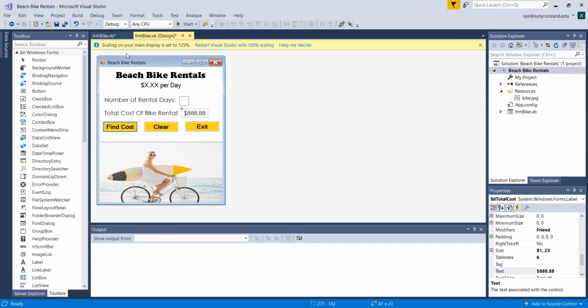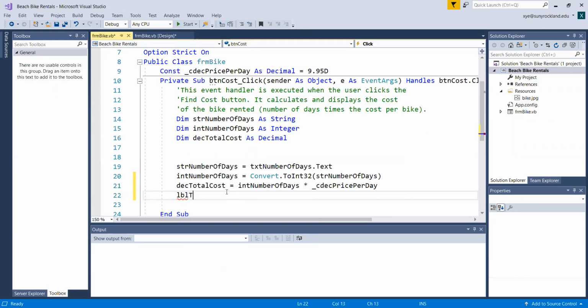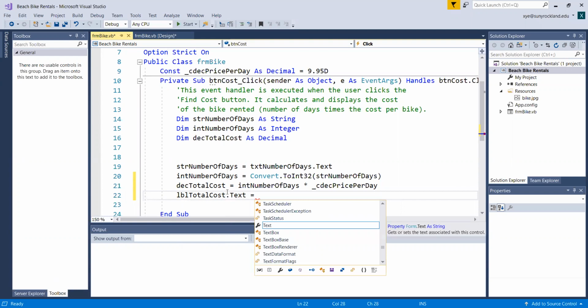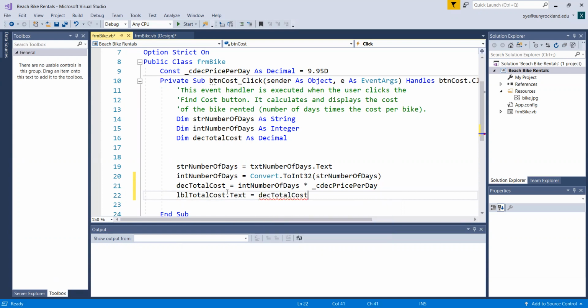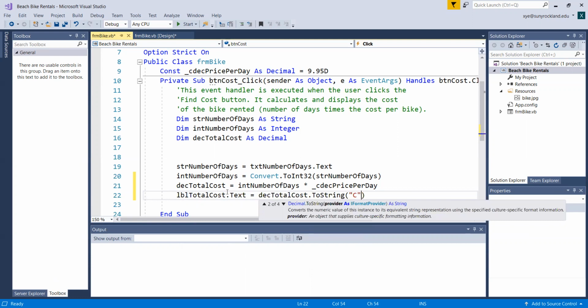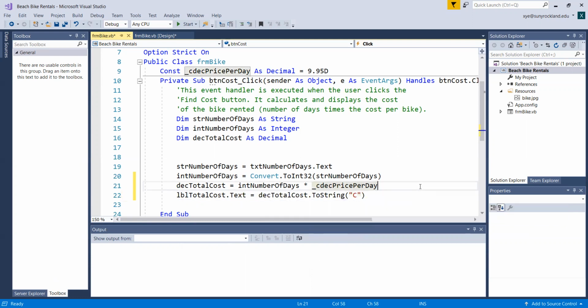This is lblTotalCost. So lblTotalCost.Text, sorry, equal to on this object, decimal total cost, then we apply the ToString, then C. Okay, keep in mind what is C? This means whatever we have, we convert to currency.